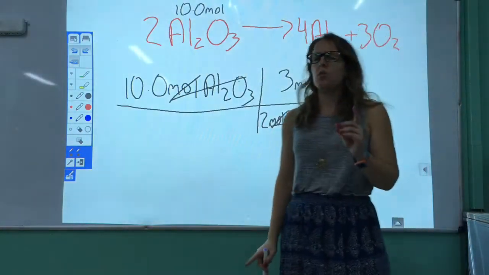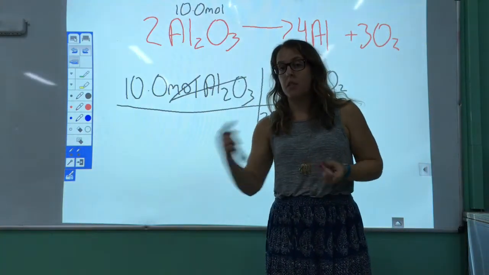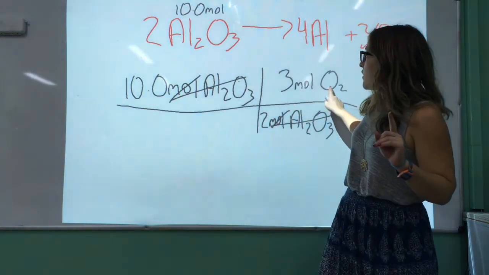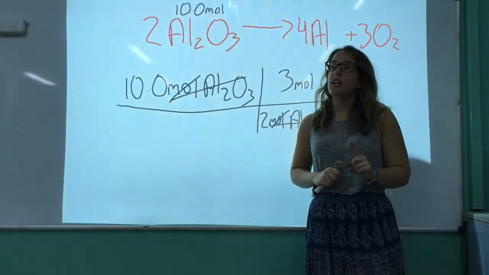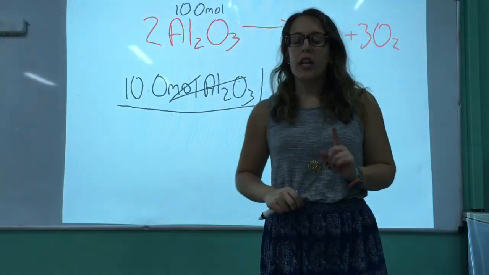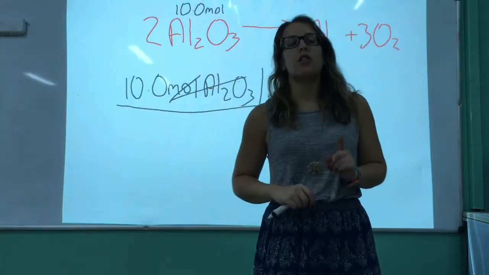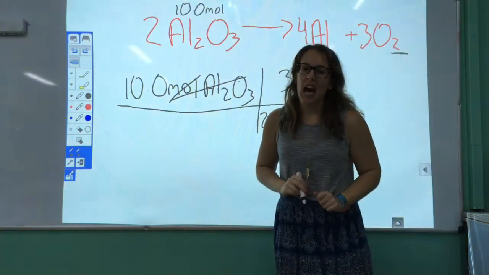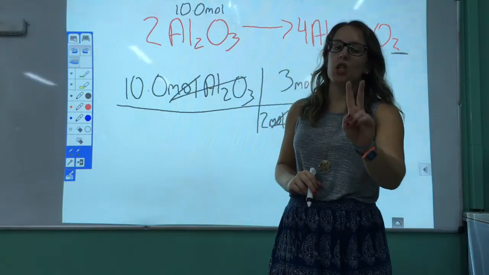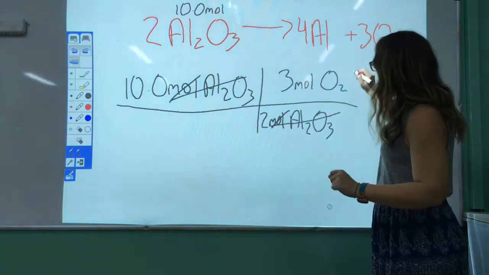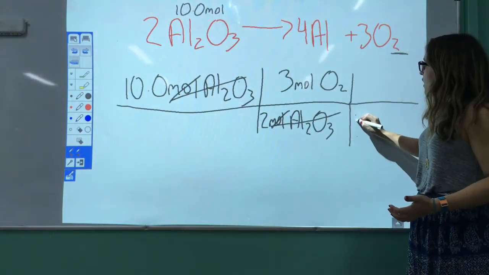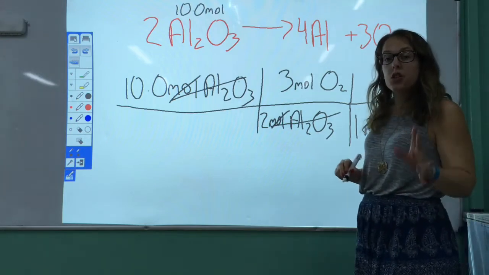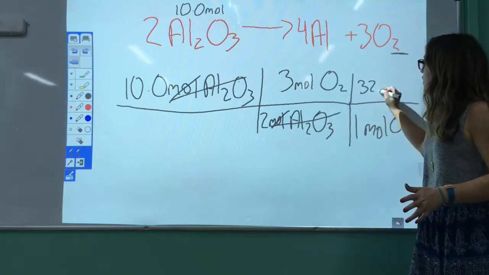But we don't just want moles this time, we want grams. So let me ask you, what is the molar mass of oxygen? If we glance at the periodic table, we know the molar mass is 16 grams per mole. But oxygen is diatomic. Therefore, it's 16 times 2, which gives us 32. So we say for every 1 mole of oxygen, we have 32 grams of oxygen.